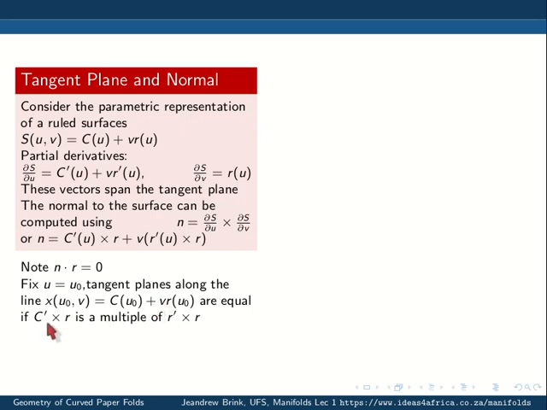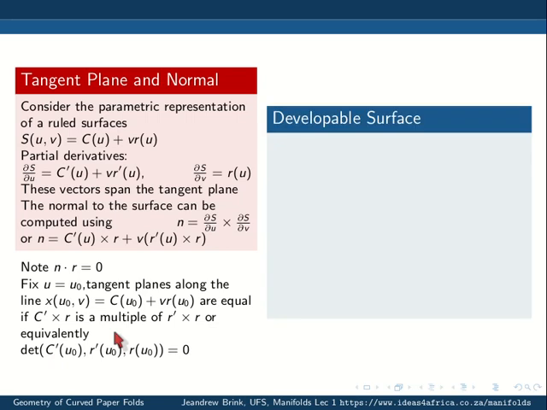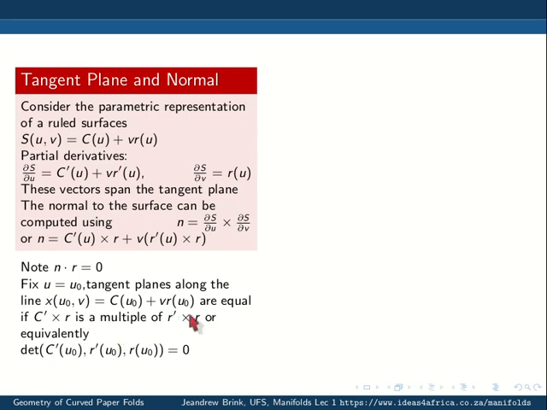Okay, so now if along this line c'(u) cross r is a multiple of r'(u) cross r, or, equivalently, this is an equivalent expression, if that is true, then the tangent plane doesn't change. Why do I say that? Both the normal and the tangent plane don't change.